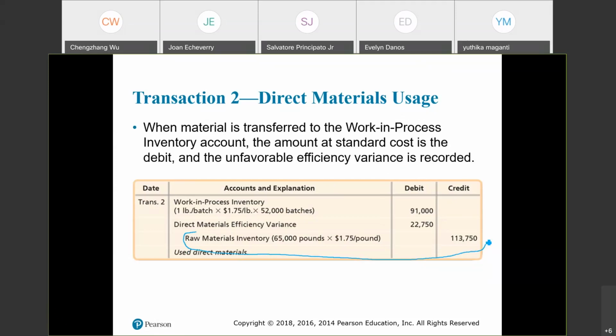It's here, this part, to credit the actual usage of raw material.